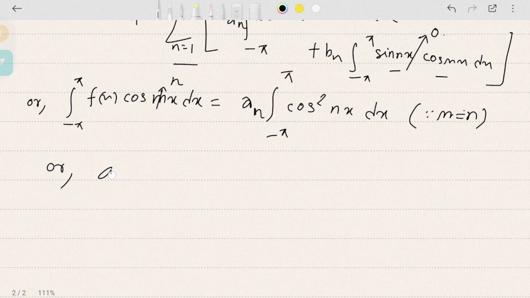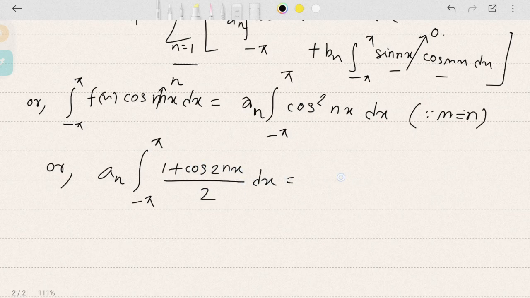So here an, this is also a standard integral. I'm solving it. Minus pi to pi, this is nothing but 1 plus cos 2nx by 2 dx is equal to the LHS.